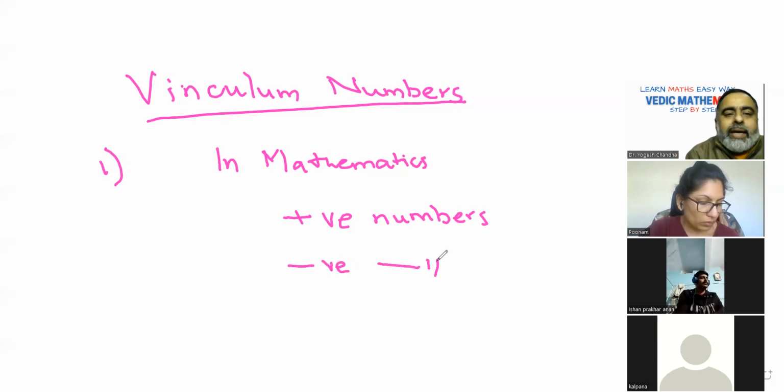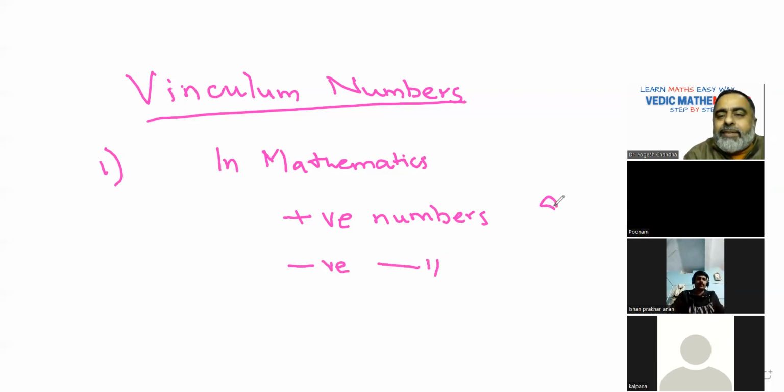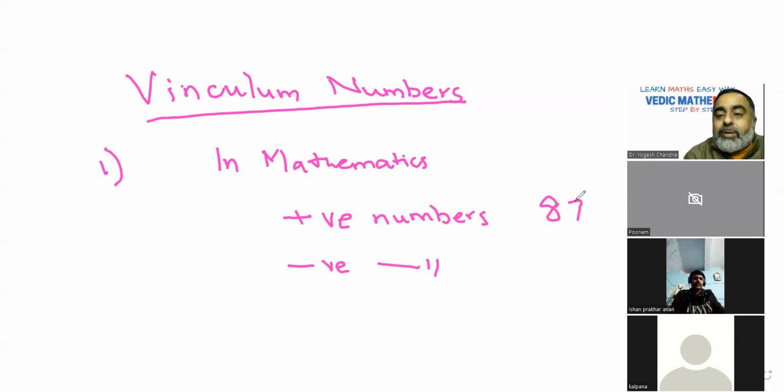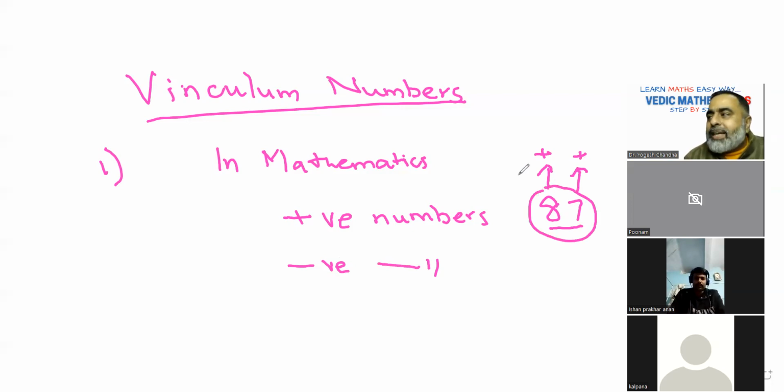For example, 87 is positive. The complete number is positive. It is not that digit 8 is positive or 7 is positive. The entire number 87 is positive. And if it is negative, it is minus 87. So the entire number 87 is negative.